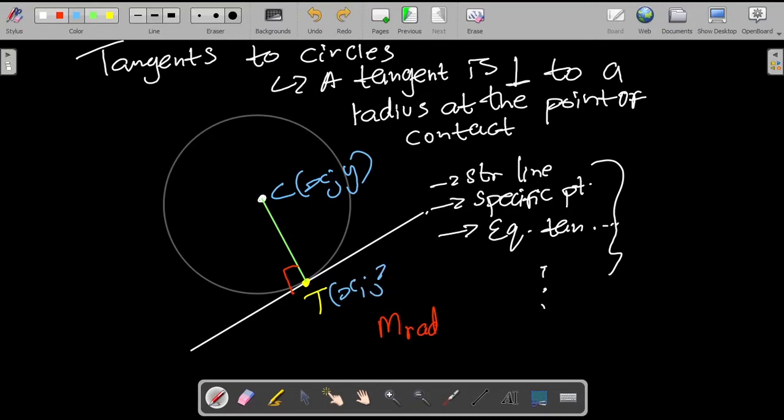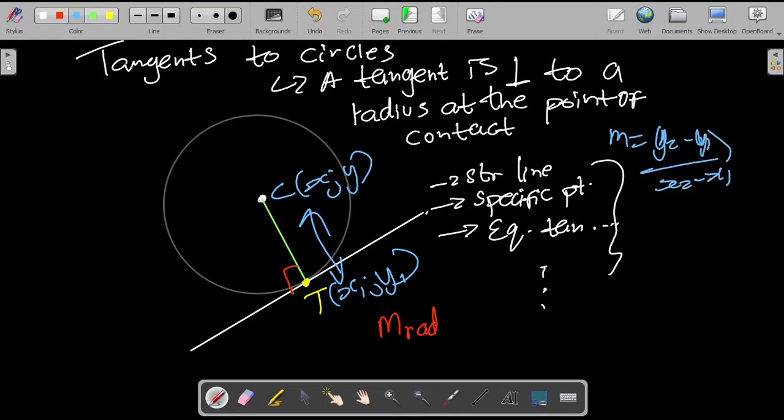You can find the gradient of this line just using the formula: m equals y2 subtract y1 divided by x2 subtract x1. So from this, you can find the gradient of CT, which would be m_rad, the gradient of the radius.